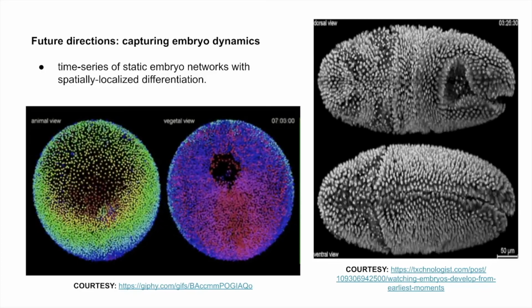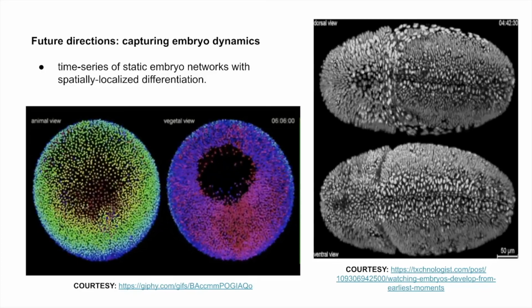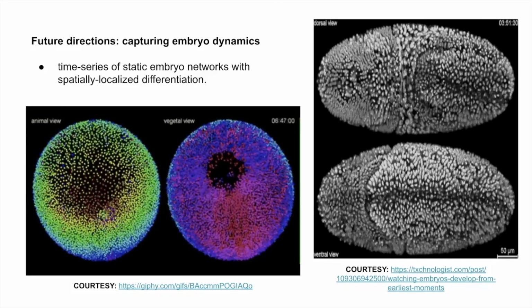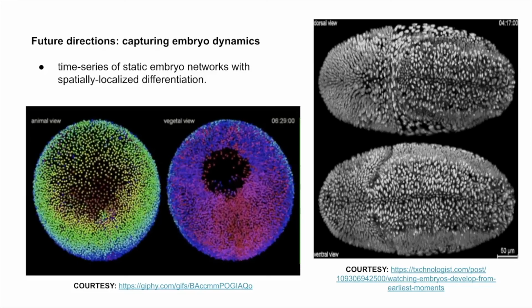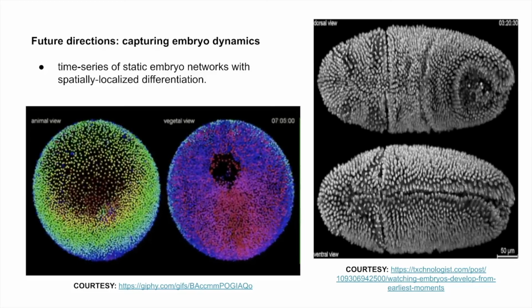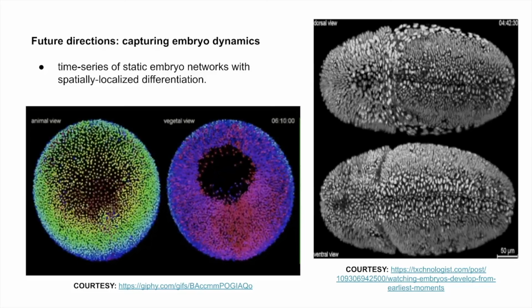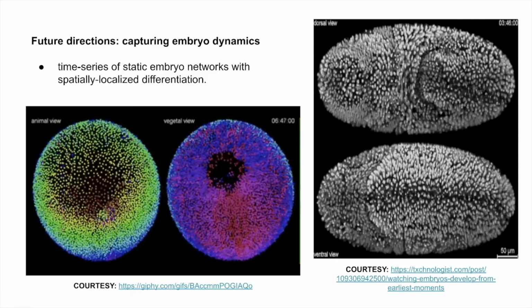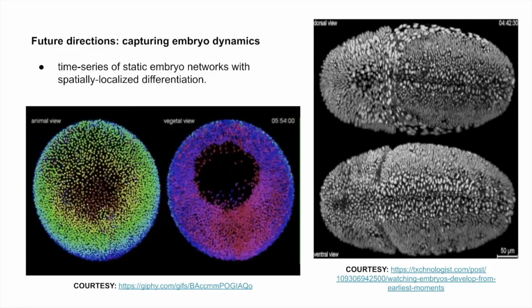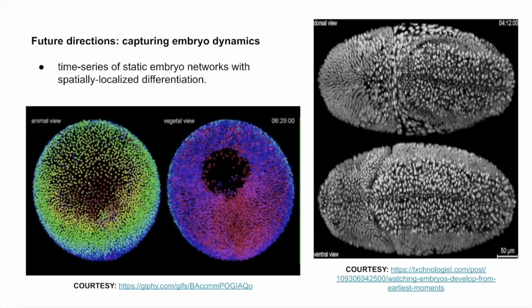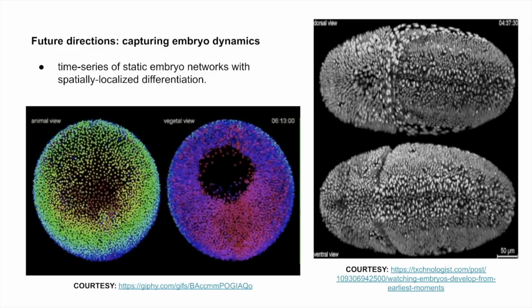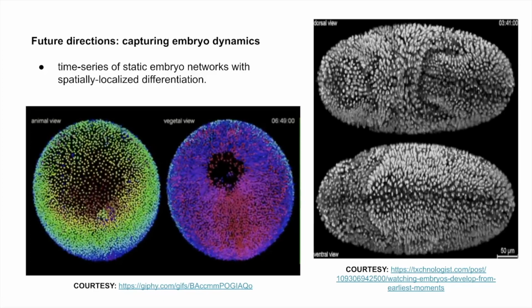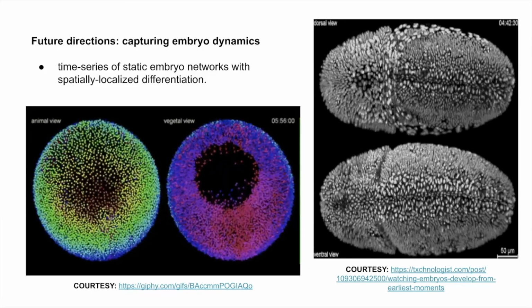So future directions for this work: we want to capture embryo dynamics more effectively. I showed an image of a hairball network. I showed images of where you can look at multiple layers of the lineage tree simultaneously, but we really want to get a better accounting of the embryo dynamics. And that means looking at time series and building networks that are dynamic in time and multi-level in time. So here you see examples of embryos that are evolving over time, that are changing their morphology over time.